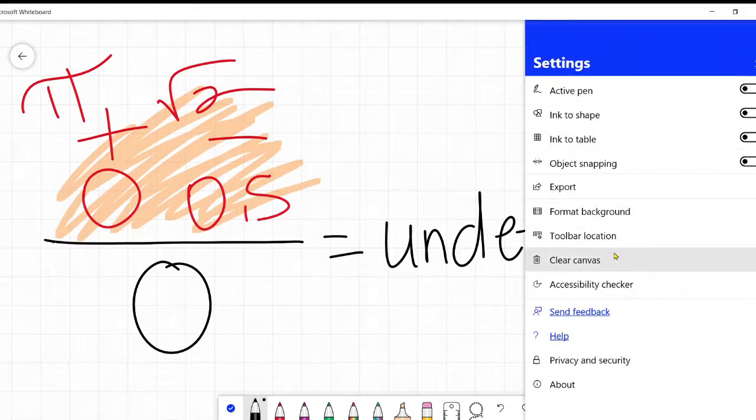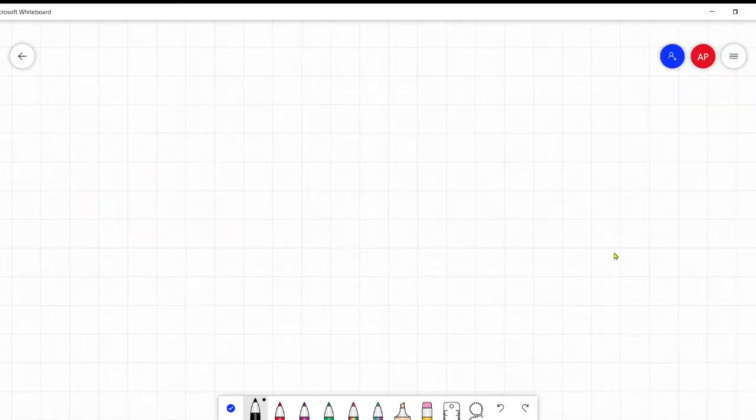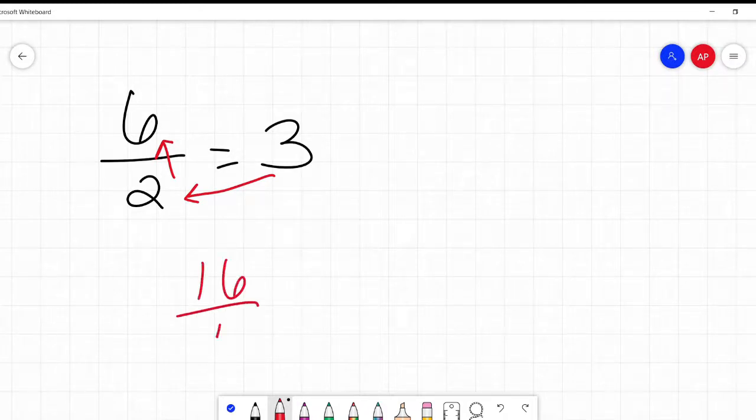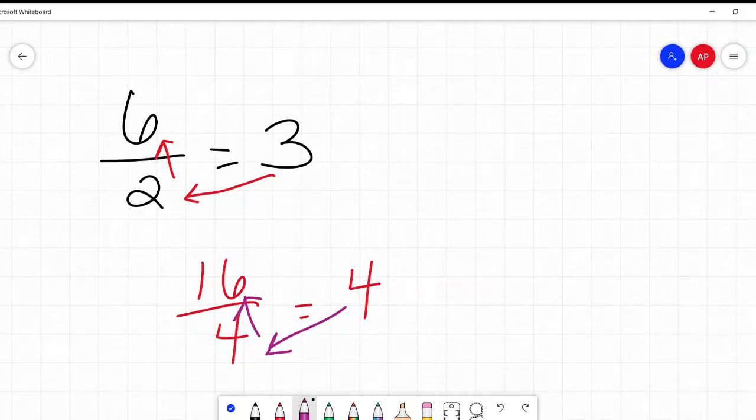Now, why is that the rule? A couple of ways to look at this. Think about straightforward division. If I have 6 divided by 2, I get 3, right? I can always go backwards. 3 times 2 equals 6, right? 16 divided by 4 equals 4. 4 times 4 equals 16.